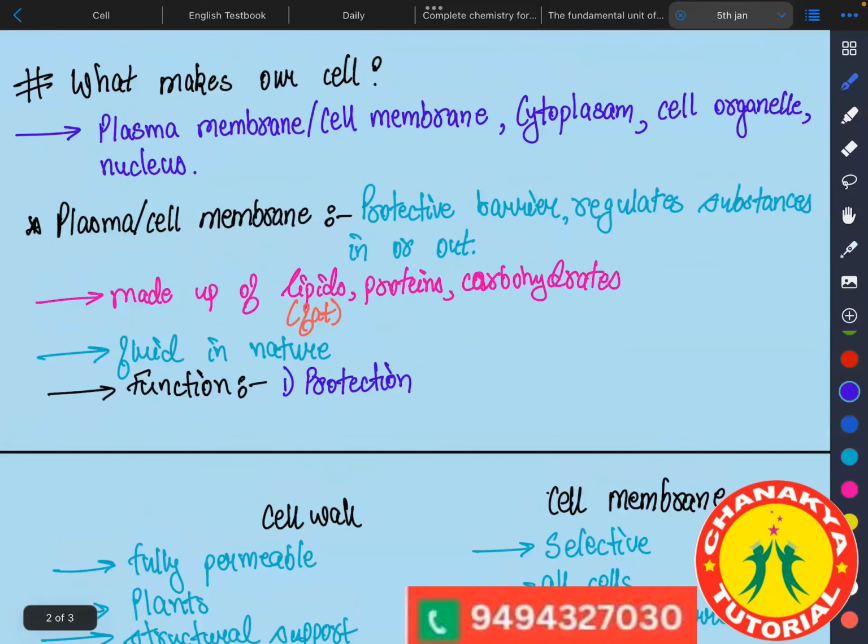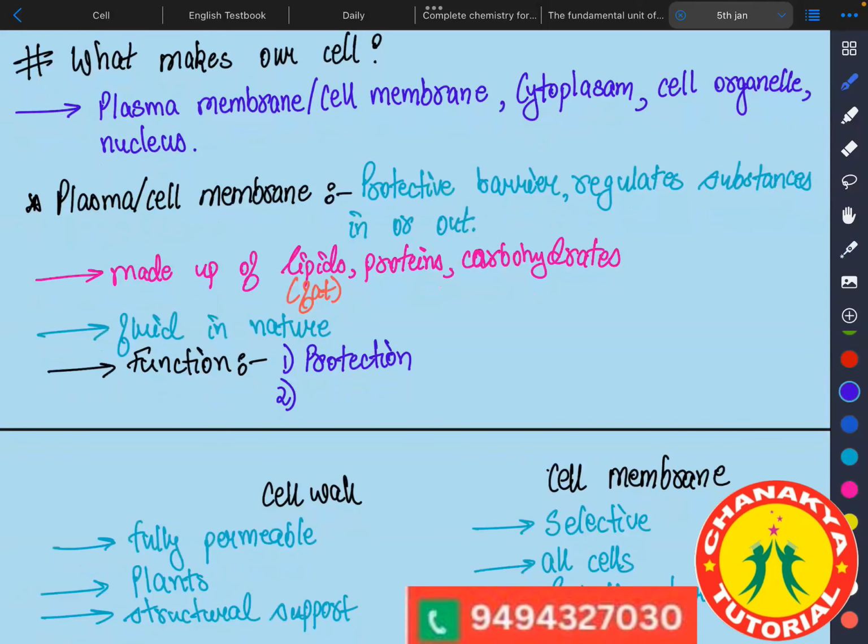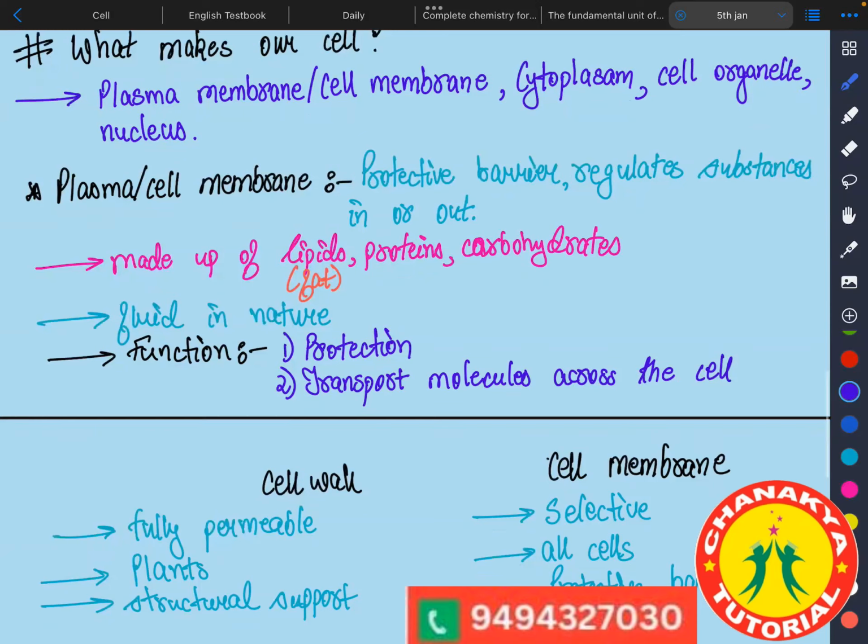So it acts as protection, and the plasma membrane also acts to transport molecules across the cell, as a transport medium for molecules from one place to another.